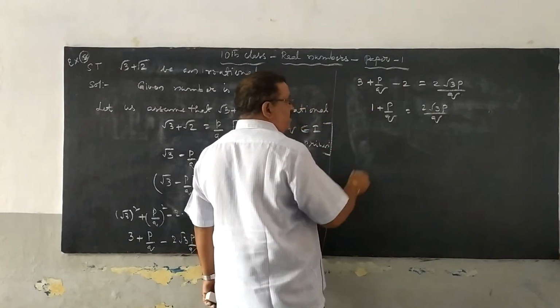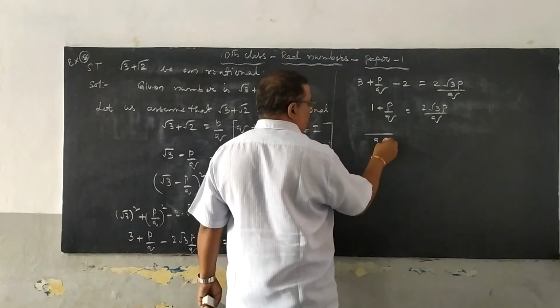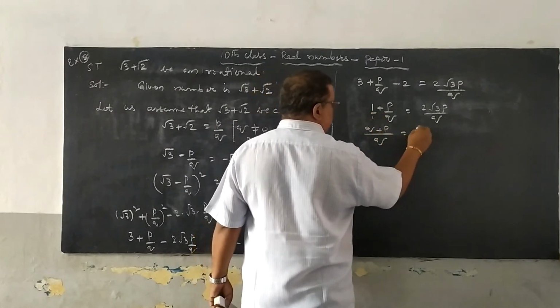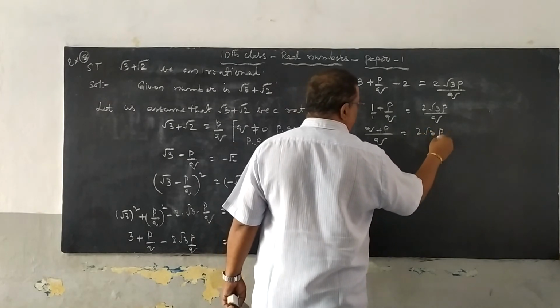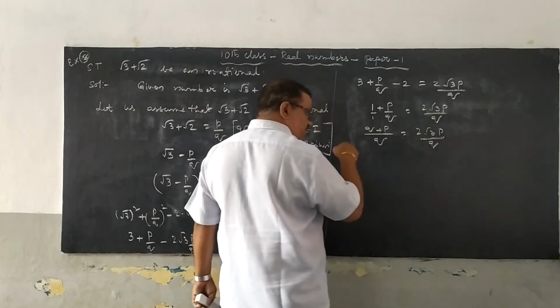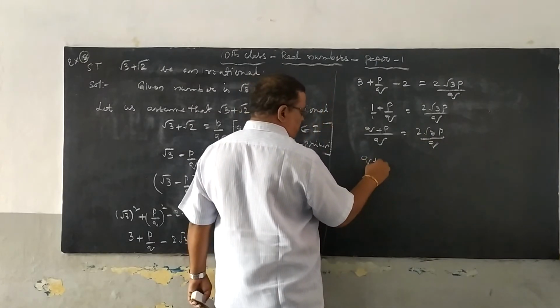So take the LCM here. Q squared is the LCM. You get q squared plus p squared over q squared is equal to 2 root 3 p by q.